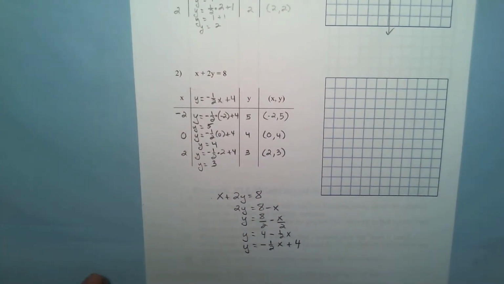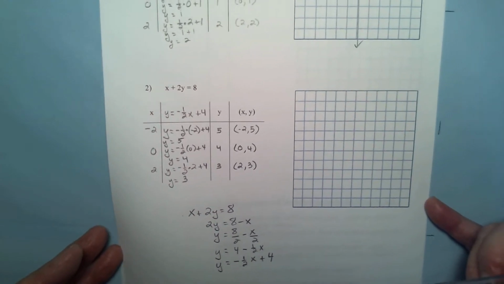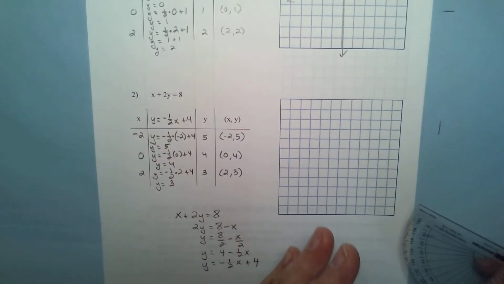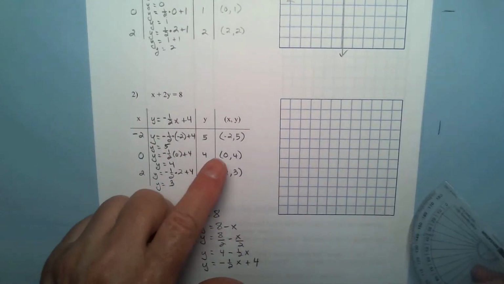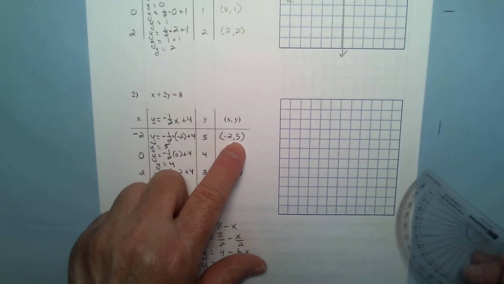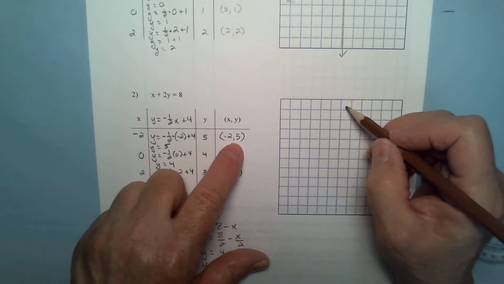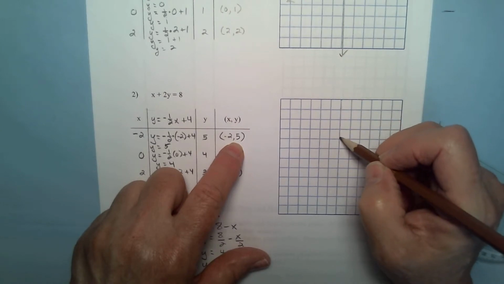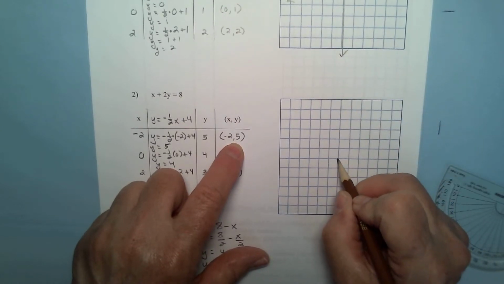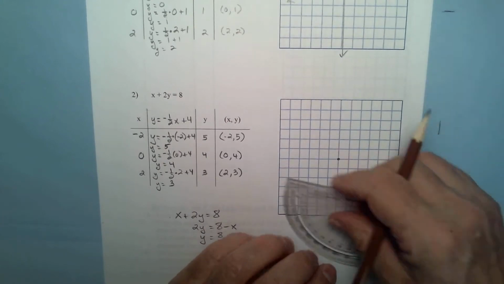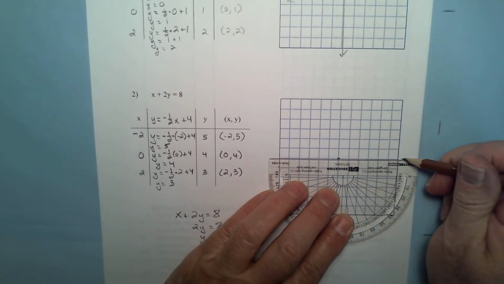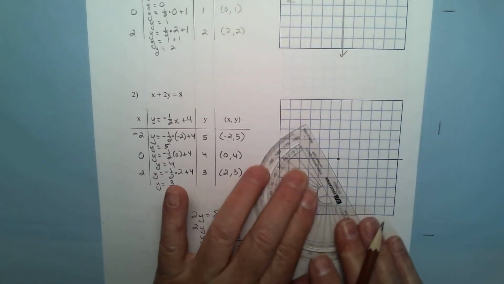One of the things that's cool about graphing is that when you go to do this, if the points don't line up, something's wrong. So either your math is wrong or your graph is wrong or both. Now I have to make sure that I can get that in there. So this is my highest number. There it is up there. So 1, 2, 3, 4, 5. I should be okay if I still put my axes right here in the middle. Sometimes I have to move them in order to get the numbers in there.